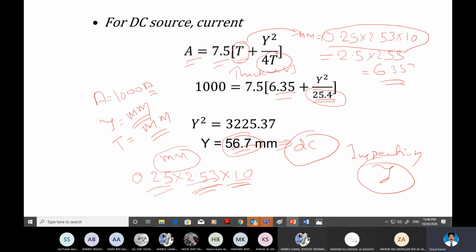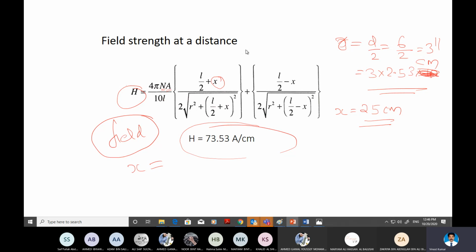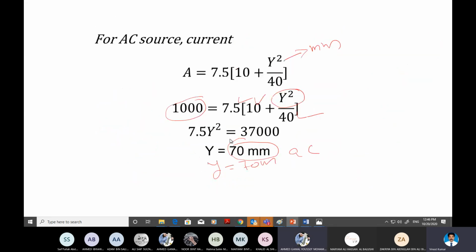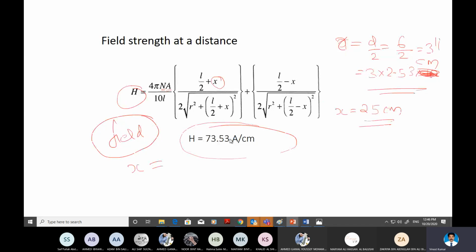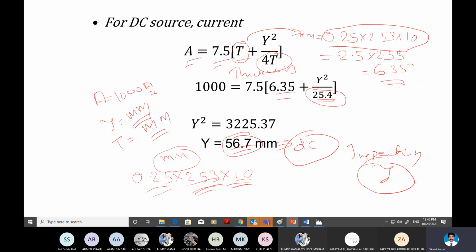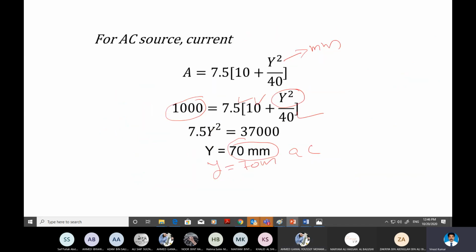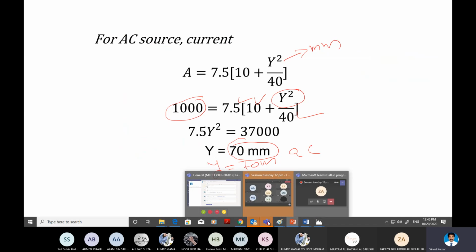Substitute the values and see whether we are getting H as 73.53. These two are clear to you. In the next class, go through the values and find the value of H.